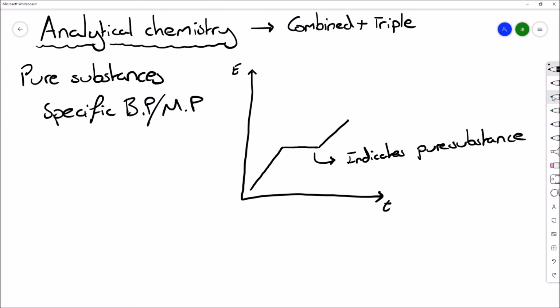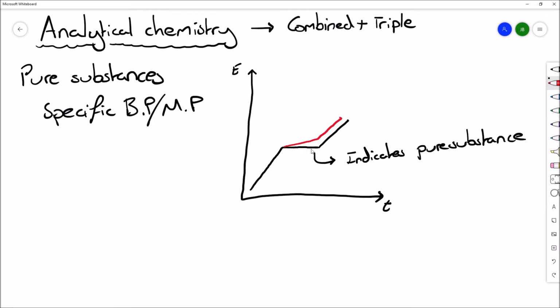Now, if it went a bit like this, that would be an impure substance because it has a range of melting points and boiling points. So the key part you need to take away is that the specific boiling point is this flat line here, okay?